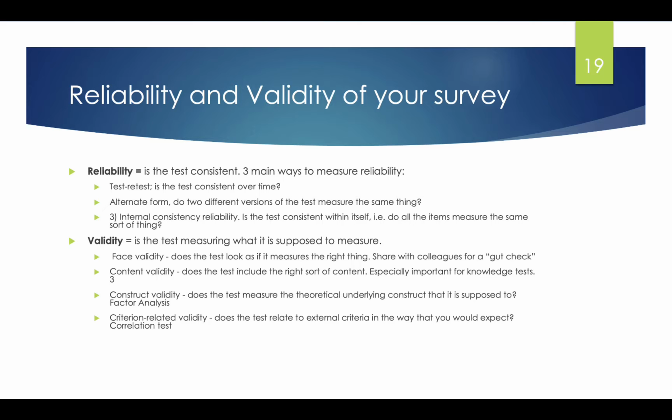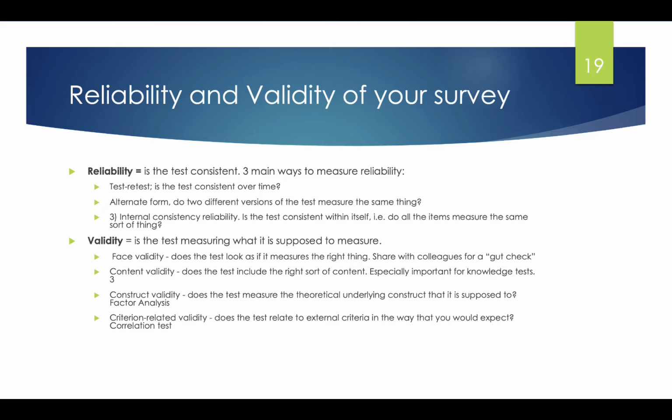Construct validity. Does the test measure the theoretical underlying construct it's supposed to? So in this case, we use something called factor analysis, which we're not going to get into in this class, but I want you to think about it. Oftentimes in marketing, we use scales that have already been developed because we know their reliability and their validity.